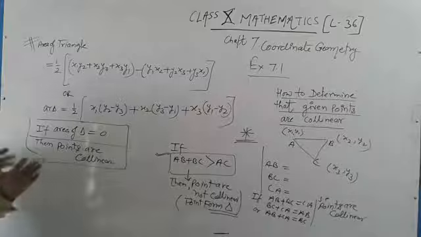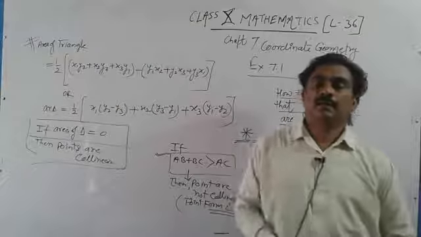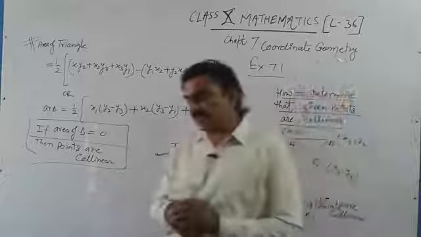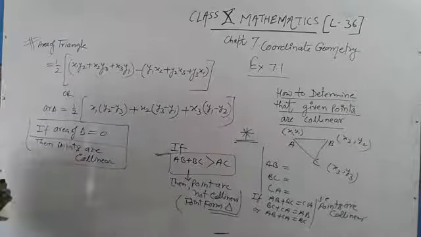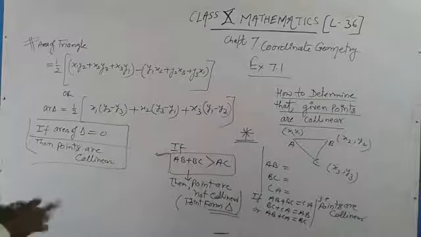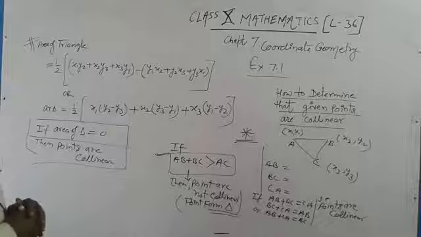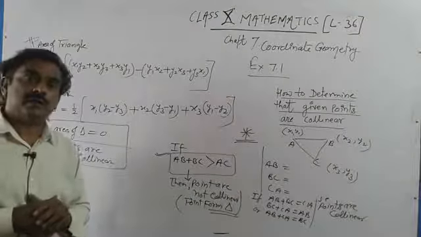Area of triangle 0 means a triangle cannot be formed by the points. If the area of the triangle is 0, it means the points do not form a triangle. It means the points are collinear. Okay, students? So these are two conditions. You must remember how to determine whether the given points are collinear or not.